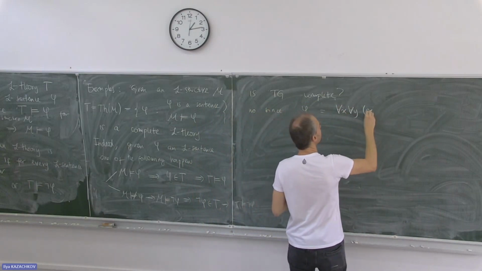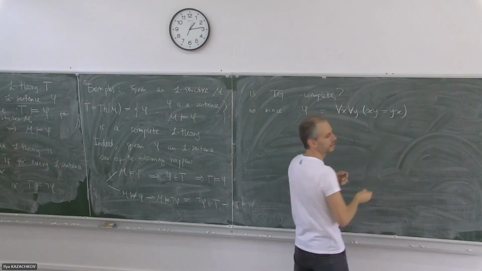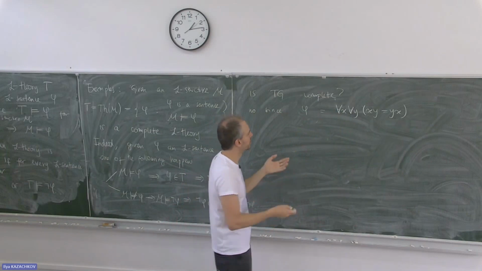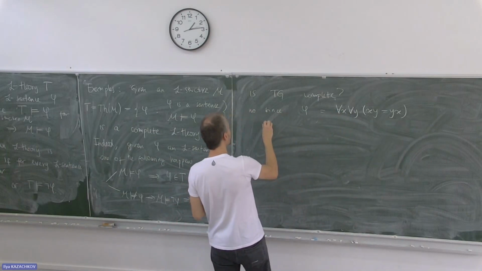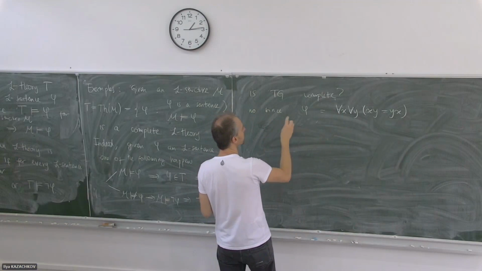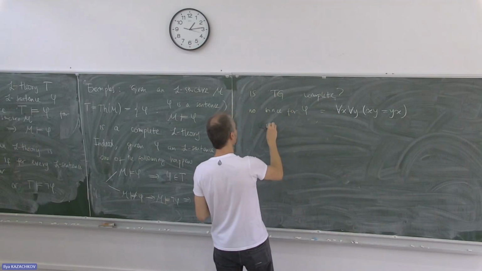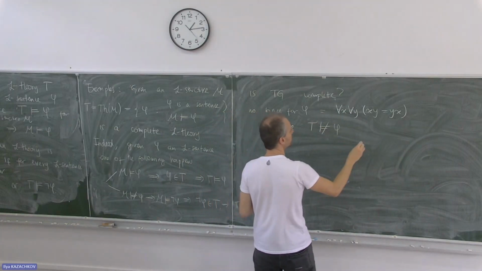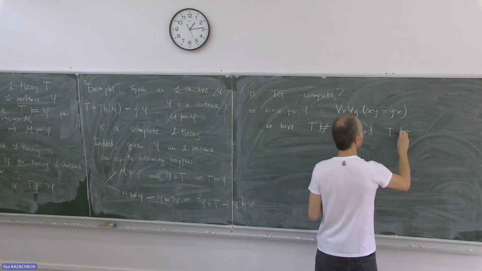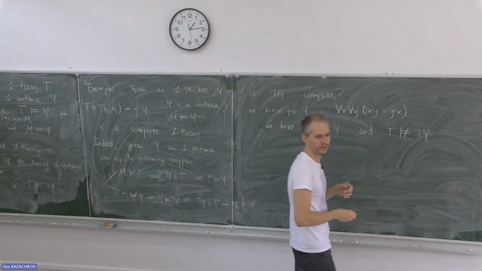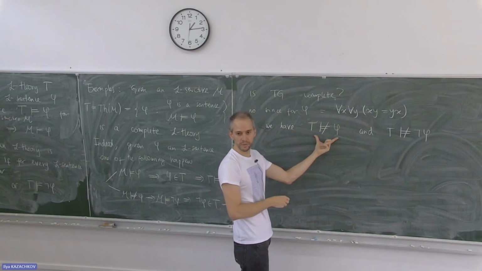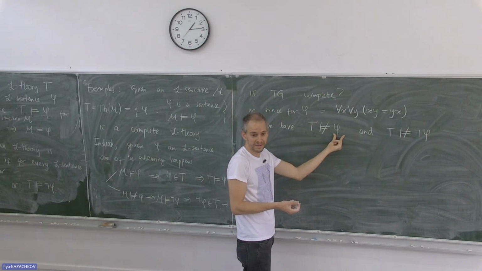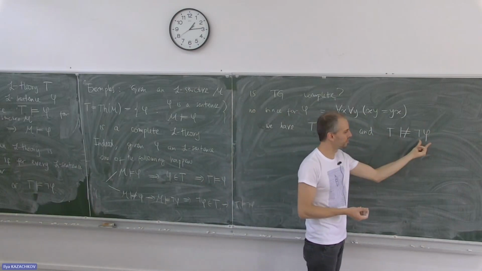saying that my group is abelian is a formula that is satisfied by some groups, but in others it is not, right? So for this formula, T does not imply the formula, and T also does not imply its negation, right? Because to show this, we need to show a group which is not abelian, and we need to show a group which is abelian.